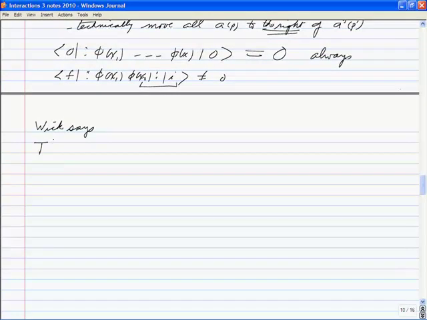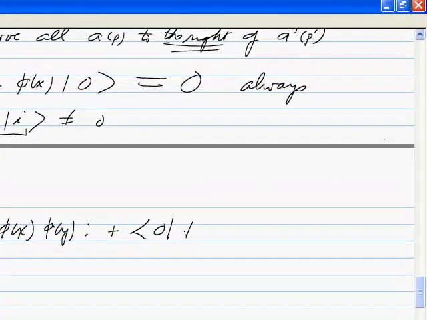He says that the time-ordered product of phi of x, phi of y, is the normal ordered product plus the propagator.